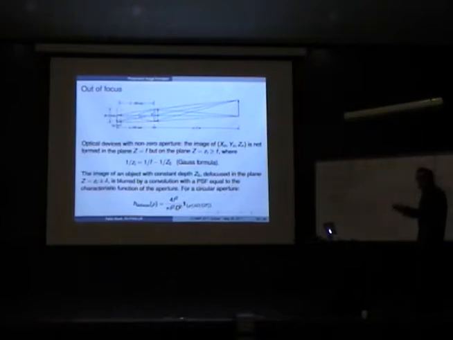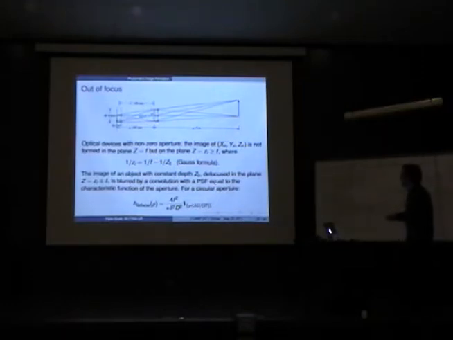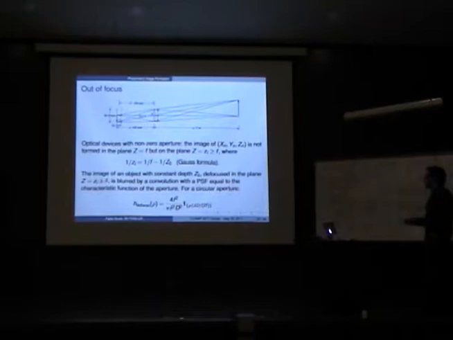And so one can check that if we are observing a scene which has constant depth, then the defocus kernel for a circular aperture is basically a constant function in a circle.